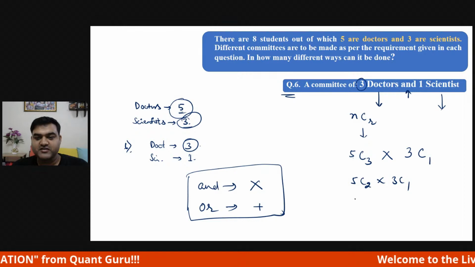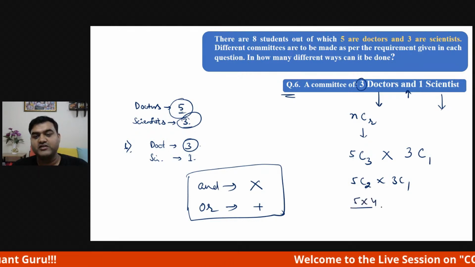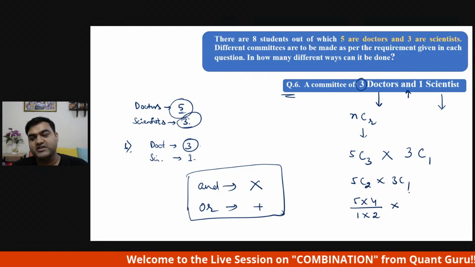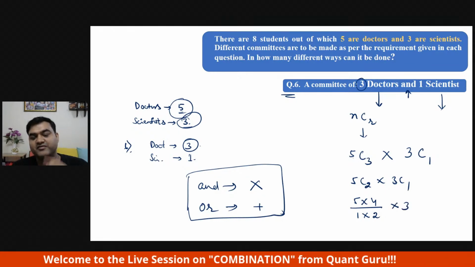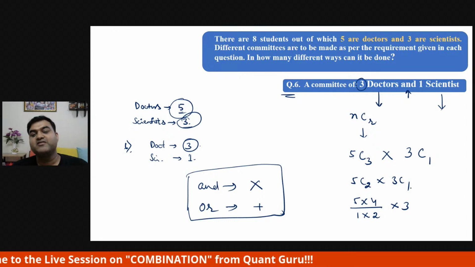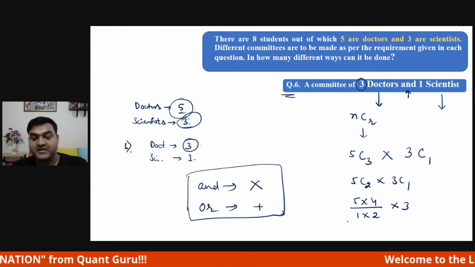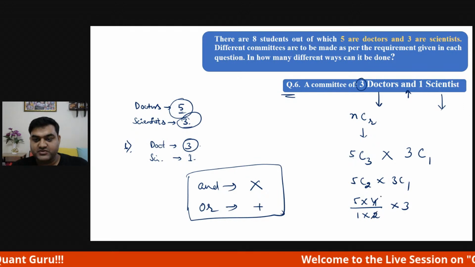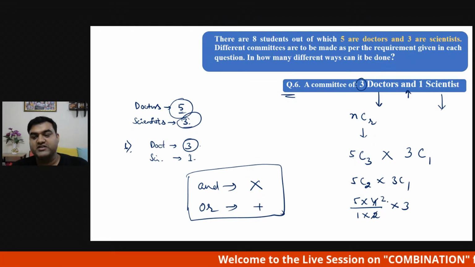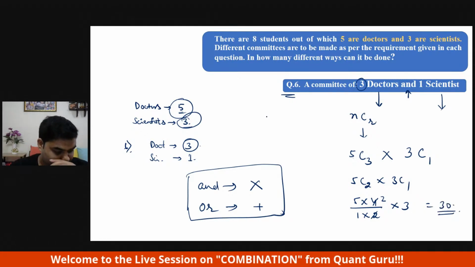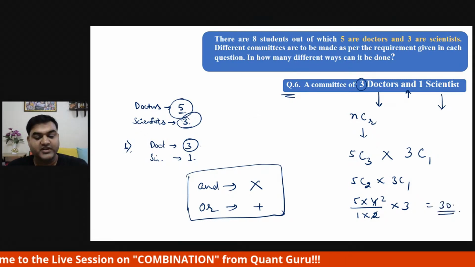Now 5C2 is 5 into 4 divided by 1 into 2, and 3C1: whenever a combination of 1 comes, the value is n, so it is 3. The 2 cancels with the 4 giving 2, so 5 into 2 is 10, into 3 is 30. So there are 30 ways of doing this. Got the answer? Any problem with this?